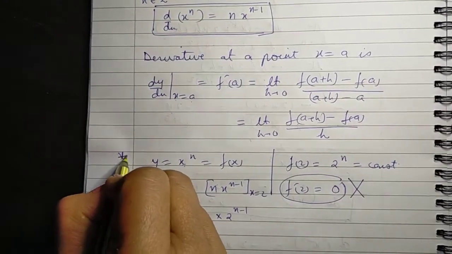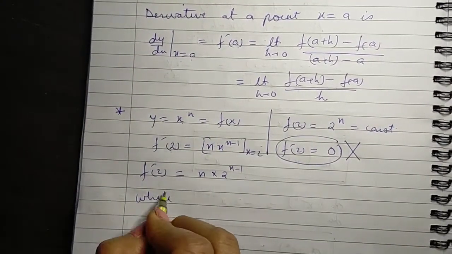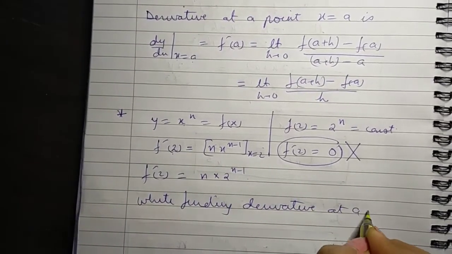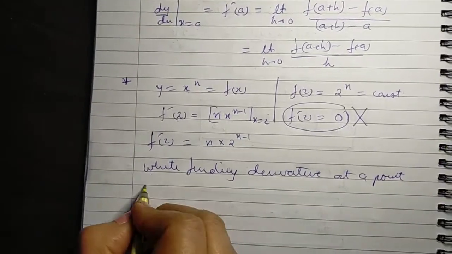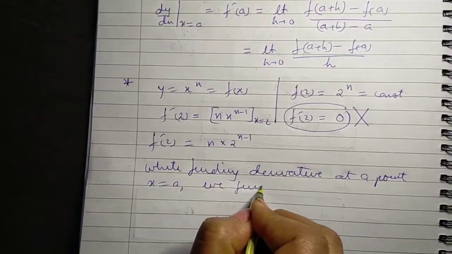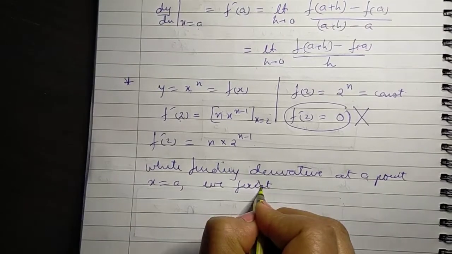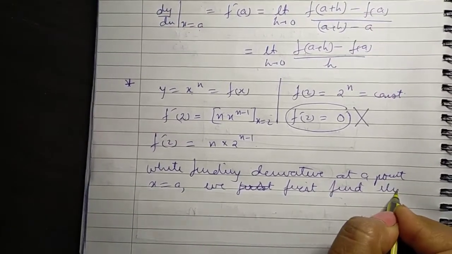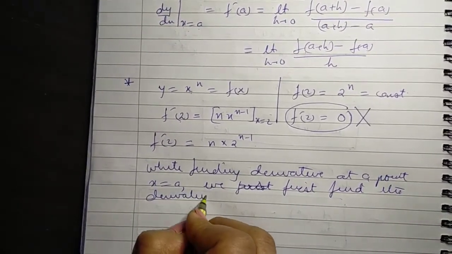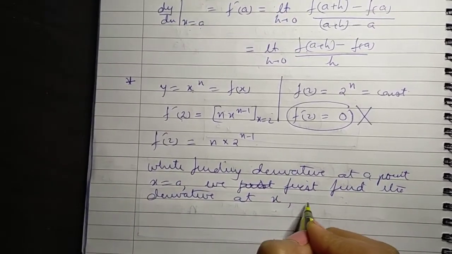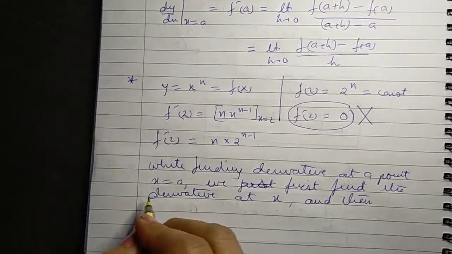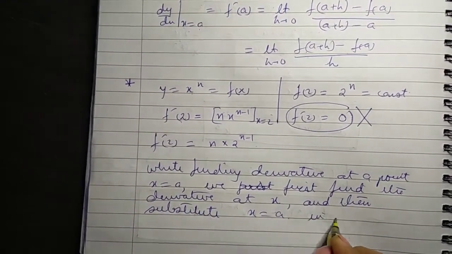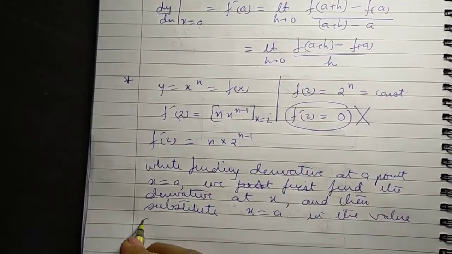So this is a very, very important point, that while finding the derivative at a point x equal to a, we first find the derivative at a general point x, and then substitute x equal to a in the value of the derivative so obtained.